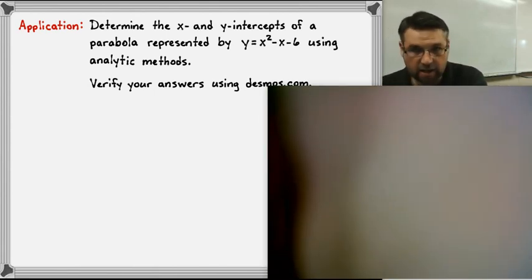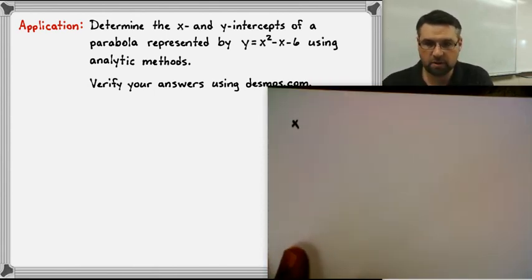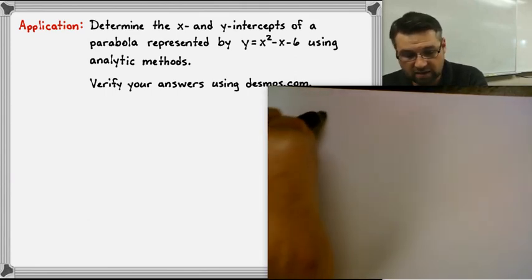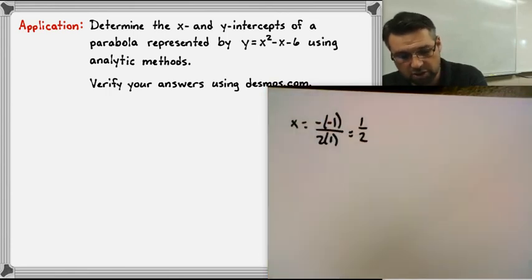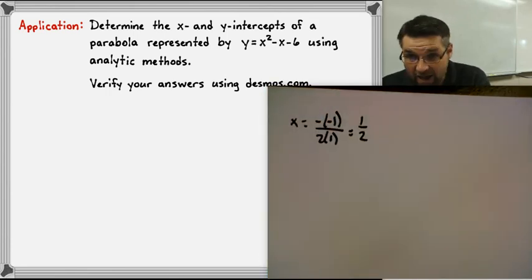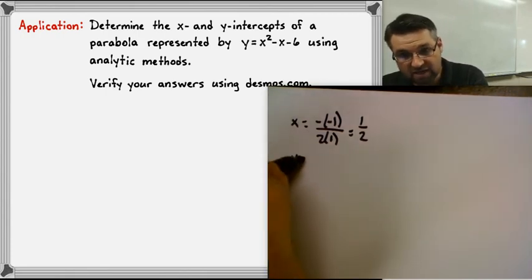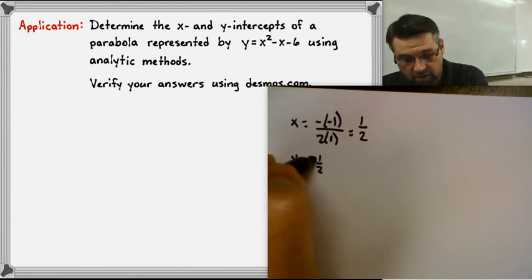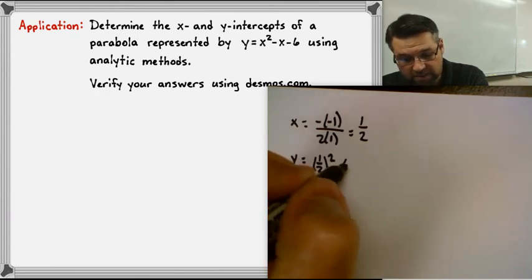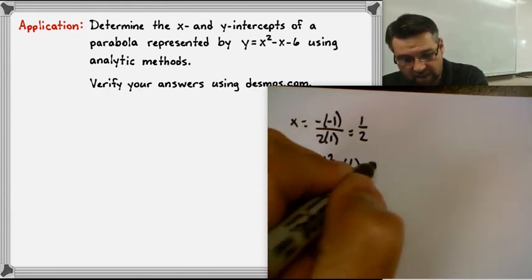But I would say for the axis of symmetry, x equals negative b over 2a, which is 1 over 2 times 1. This is going to get gross because we're going to get a fraction here. Our axis of symmetry is 1/2. And then we'd have to plug that in to find our vertex. We would get 1/2 squared minus 1/2 minus 6.